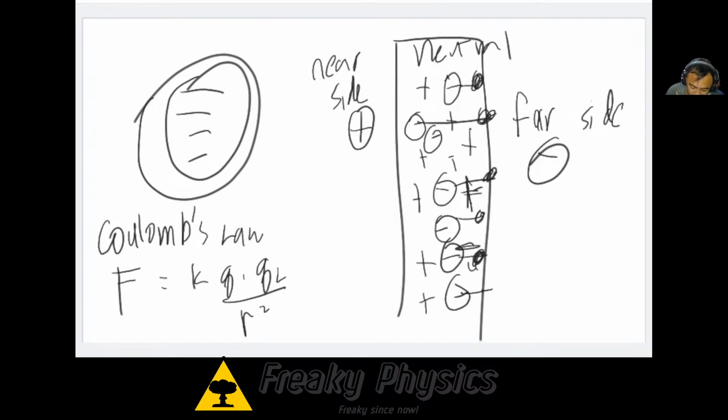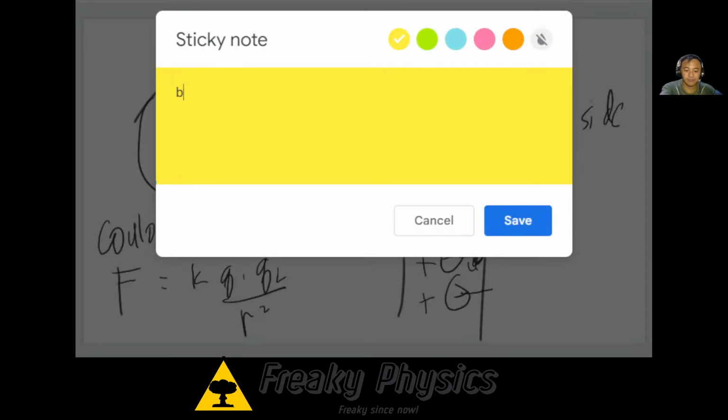What's going to happen here? Where is this balloon closer to? Is it closer to the positive or the negative side of the wall? The positive side. So the balloon is closer to the induced positive side of the wall.